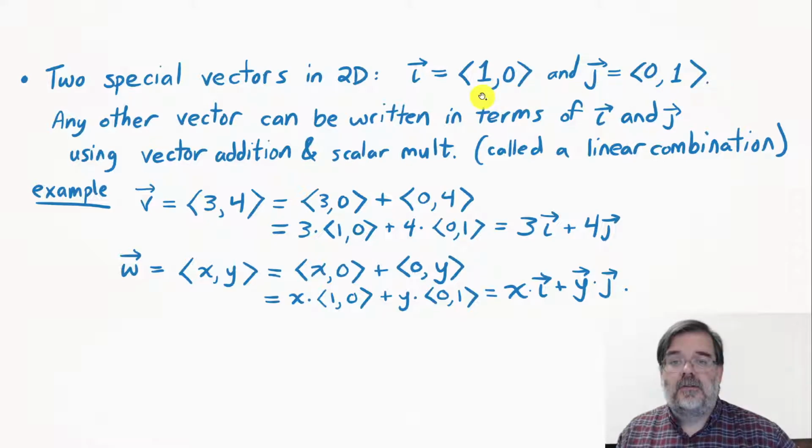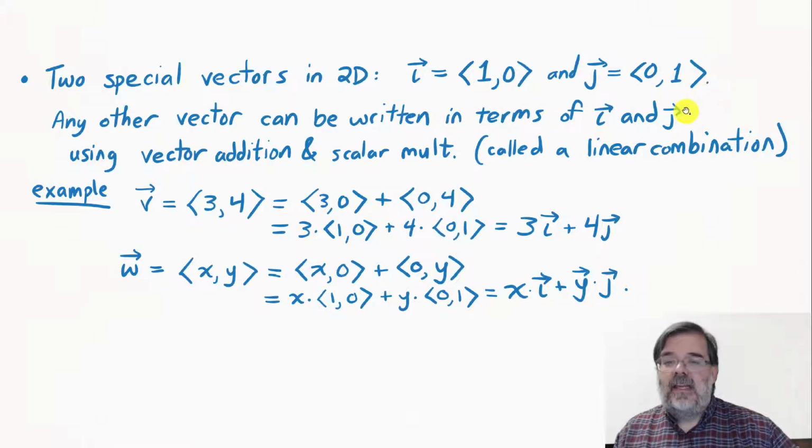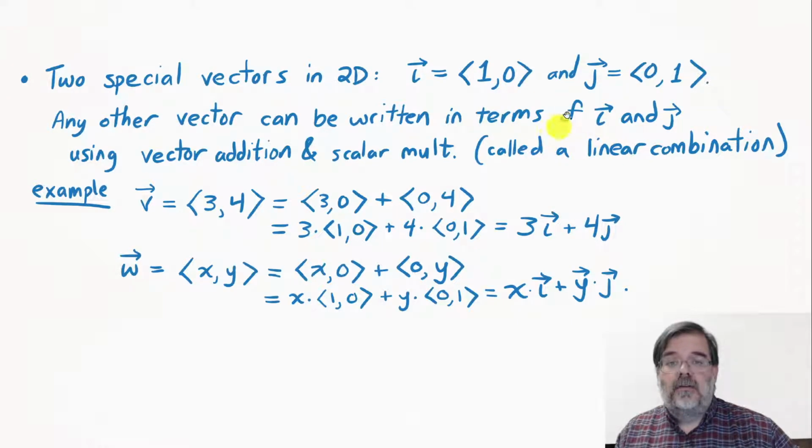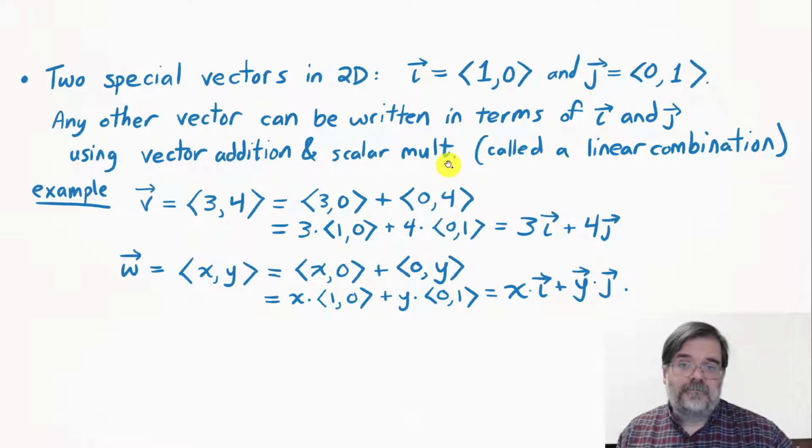The reason these vectors are special is that any other vector in 2-dimensional space can be written in terms of these vectors, i and j, using the 2 operations we talked about before, vector addition and scalar multiplication. And when you write an equation using these 2 operations, that's sometimes called a linear combination.